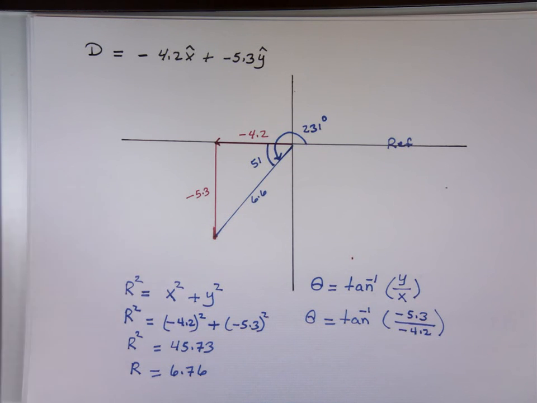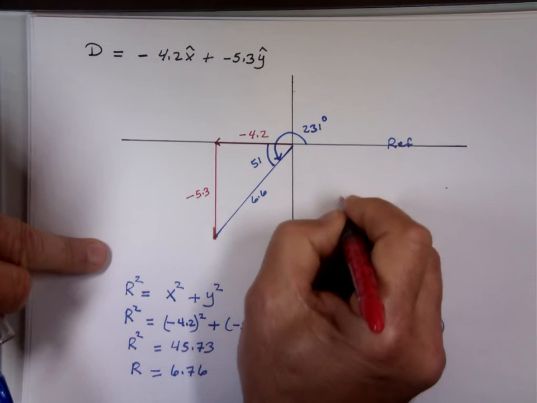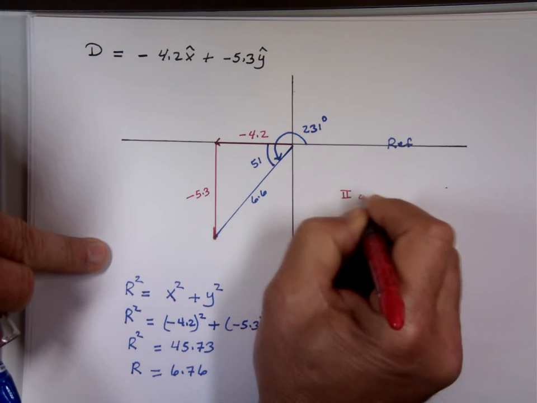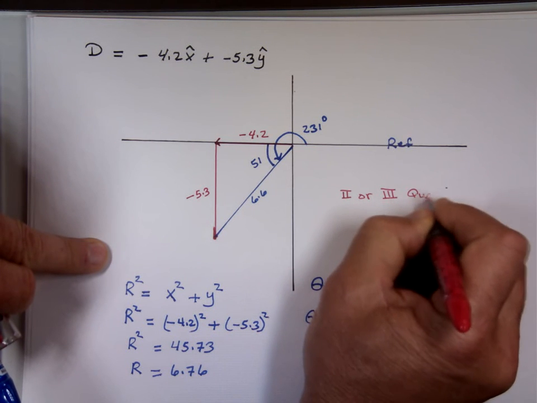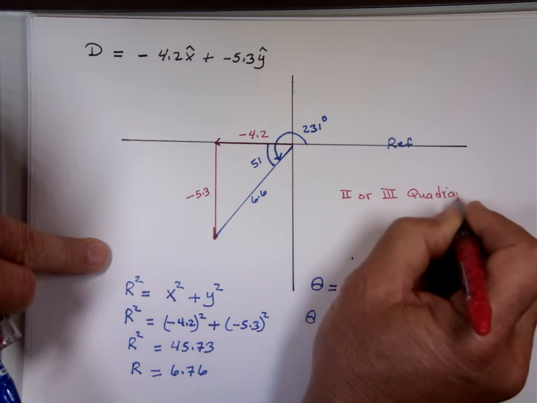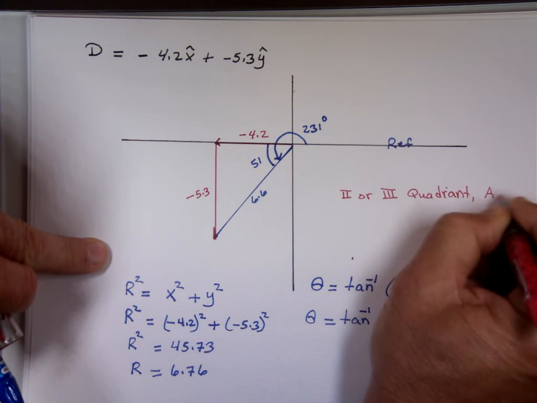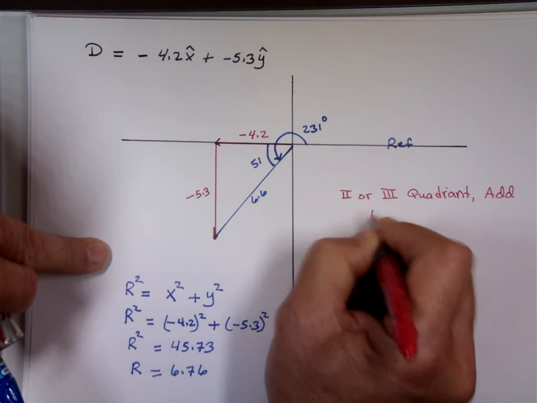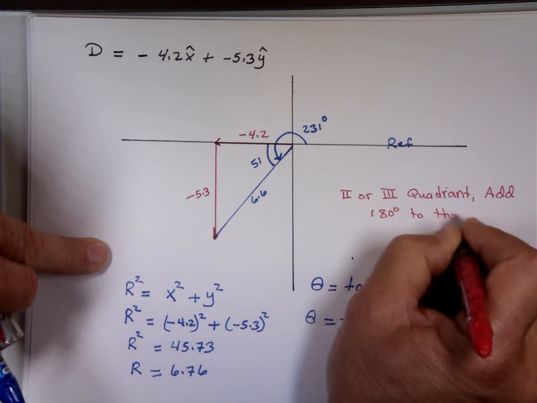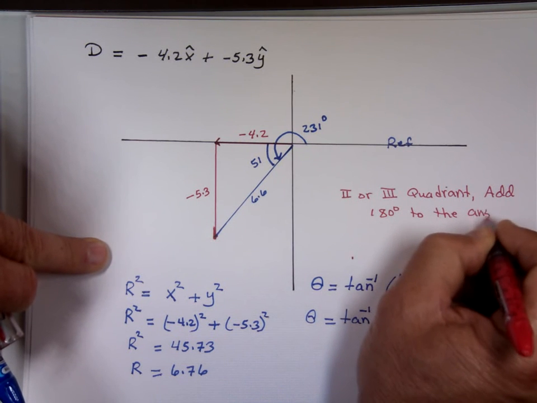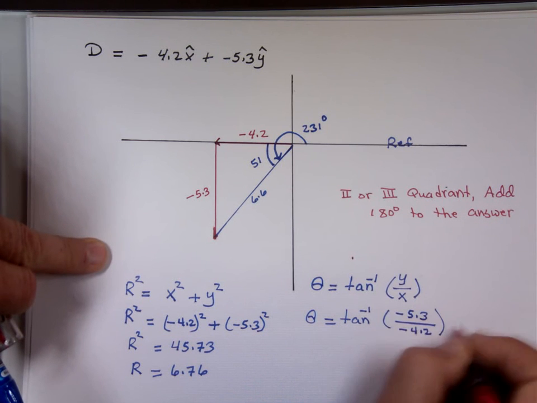But if you're just going to use this, so if you are in the second or third quadrant, add 180 degrees to the answer. So you have to add 180 degrees to that answer.